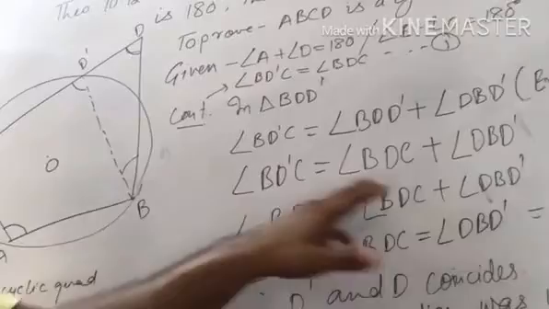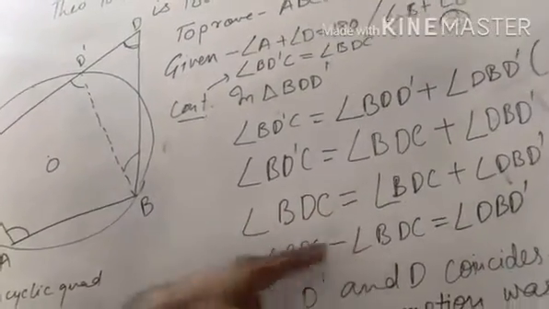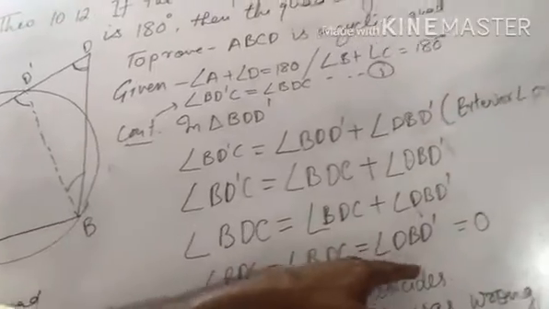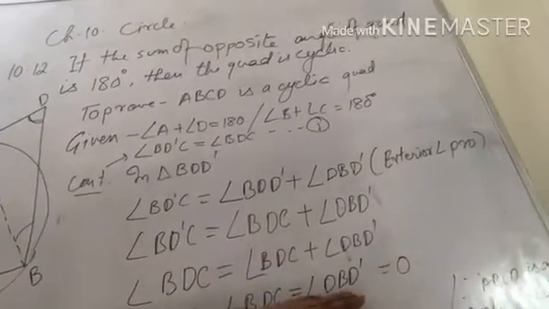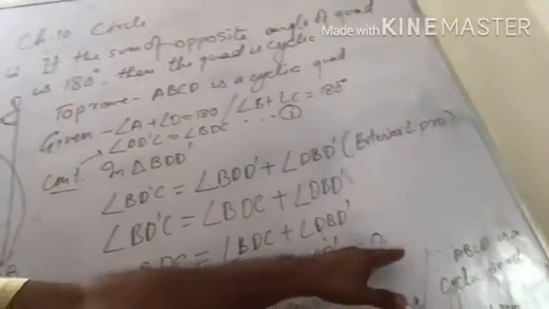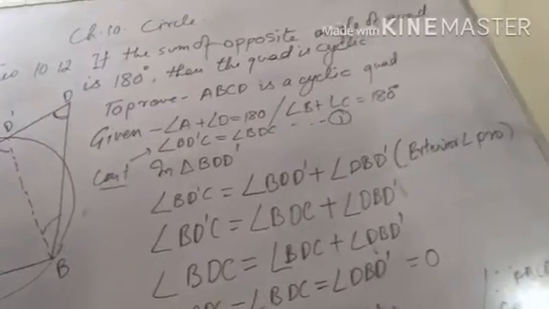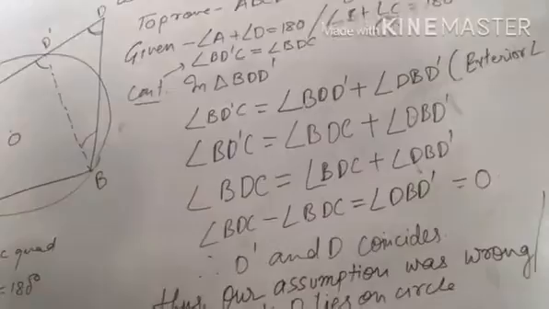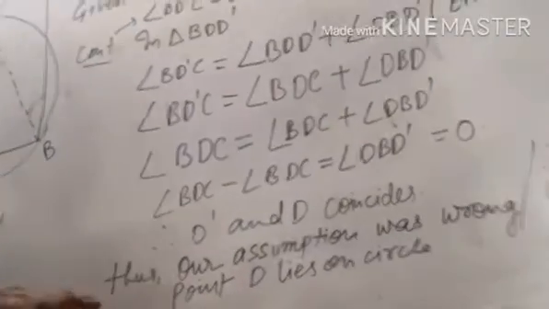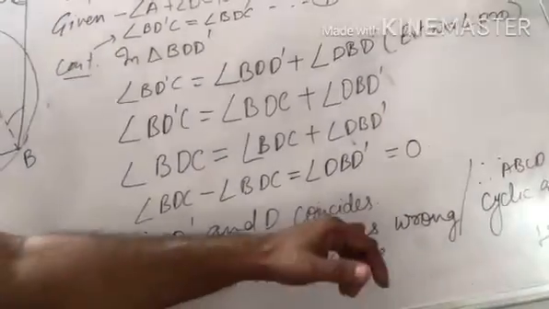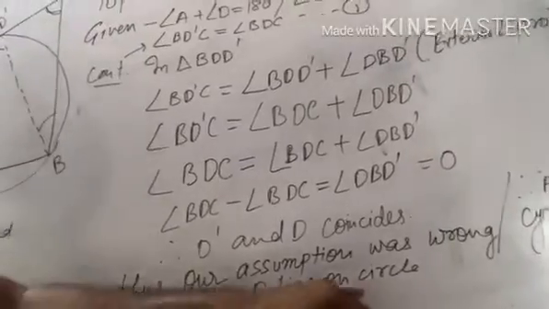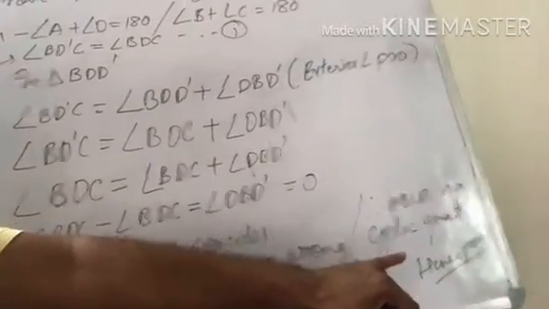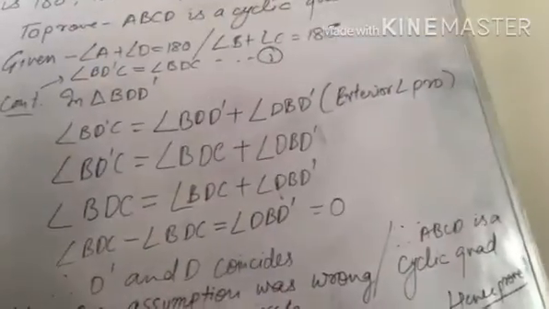Now if we send this to the other side, angle BDC minus angle BDC is equal to angle DBD dash, which is equal to 0. So D dash and D coincide, meaning the same point. Thus our assumption was wrong. Point D lies on the circle and ABCD is a cyclic quadrilateral, hence proved.